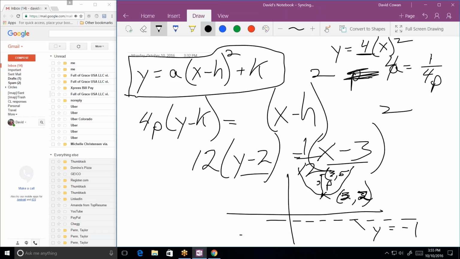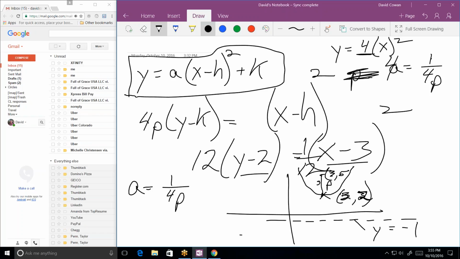So A equals 1 over 4P, which makes 4P equal 1 over A, which makes P be 1 over 4A. It would be 1/16.